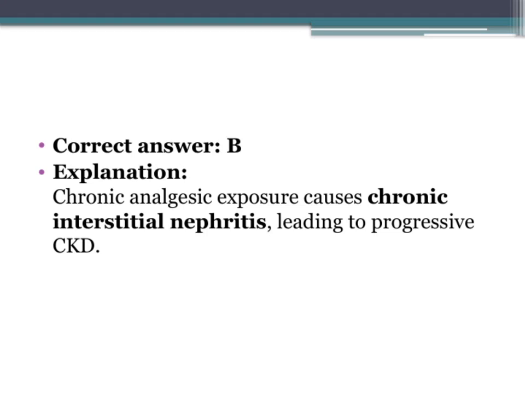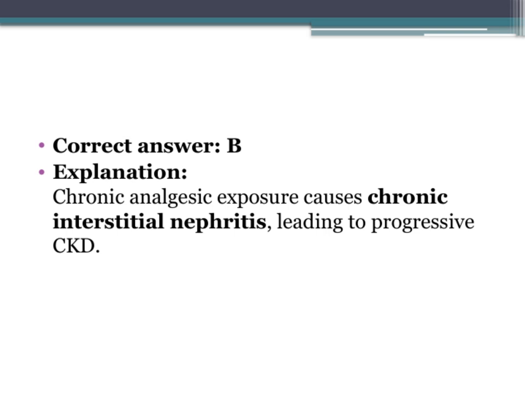Let's talk through why that is. Chronic exposure to analgesics, meaning long-term repeated use, can actually cause a condition called chronic interstitial nephritis. This is a type of kidney damage that affects the tissue between the kidney tubules. Over time, this damage can lead to a progressive decline in kidney function, which is known as chronic kidney disease, or CKD.